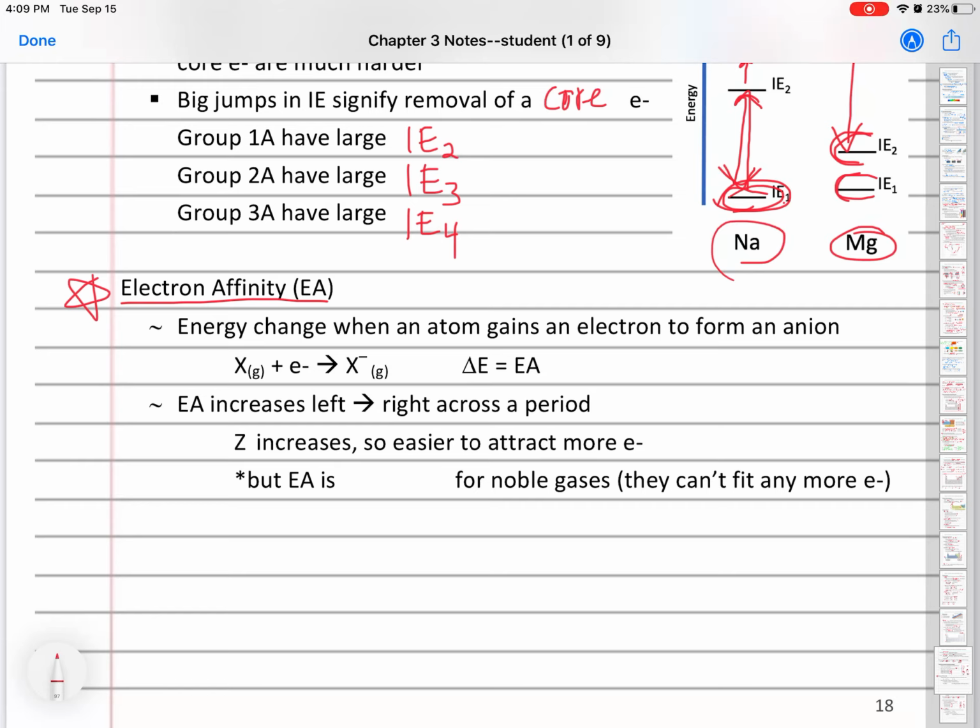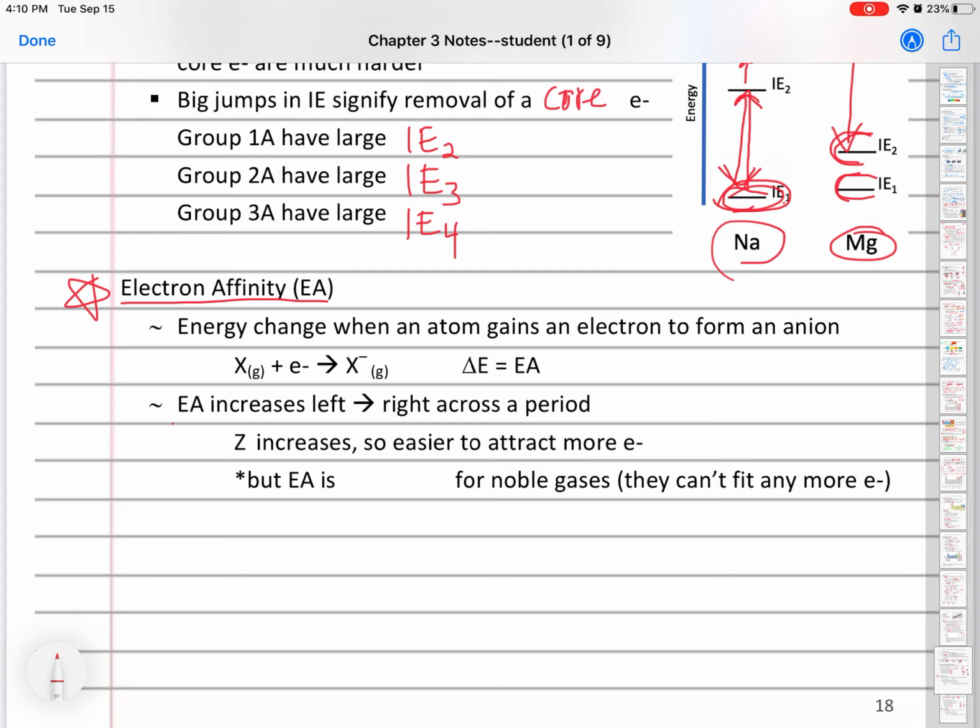This is sort of the opposite of ionization energy. It is the amount of energy that it takes not to remove an electron, but to add an electron to an atom and make it an anion. And so this can be a positive or negative value.